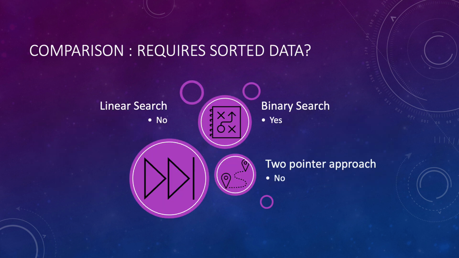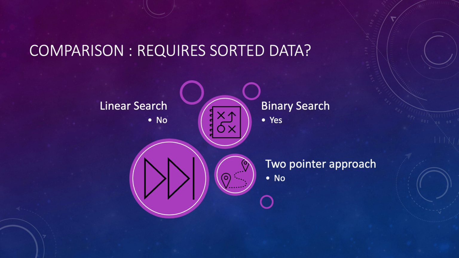Moving on to the comparison, we would do a three-way comparison: linear search, binary search, and two-pointer approach. Before we head on to this, let me first tell you that the two-pointer approach is basically a combination of both worlds.